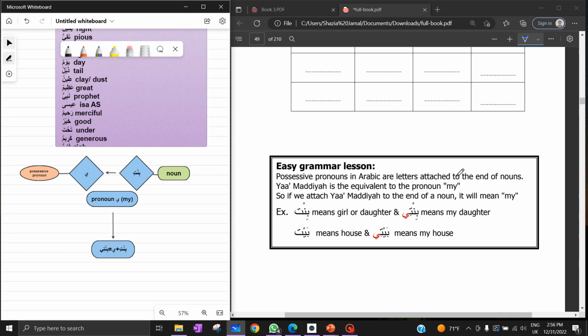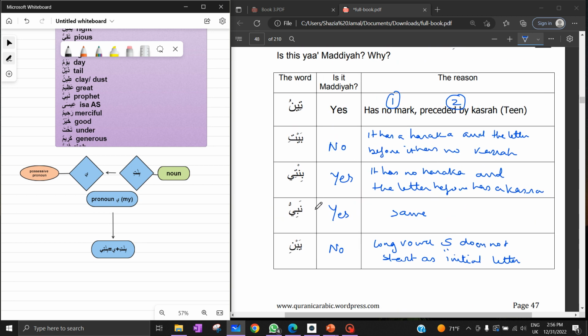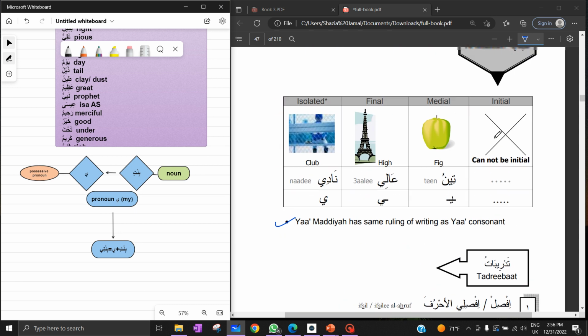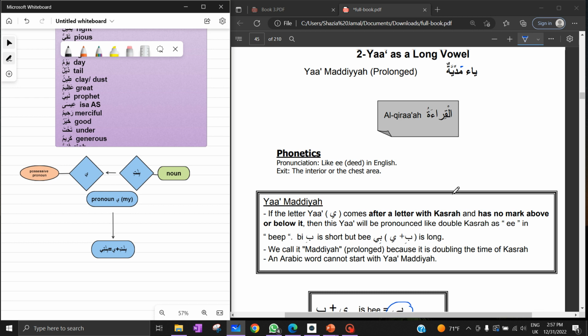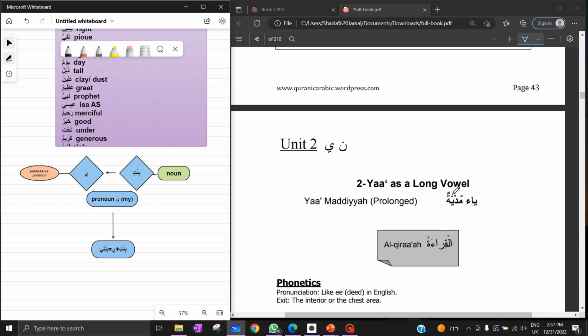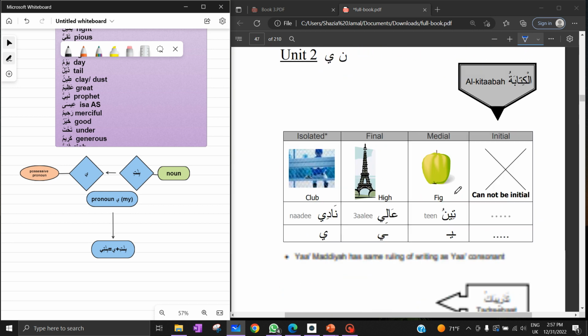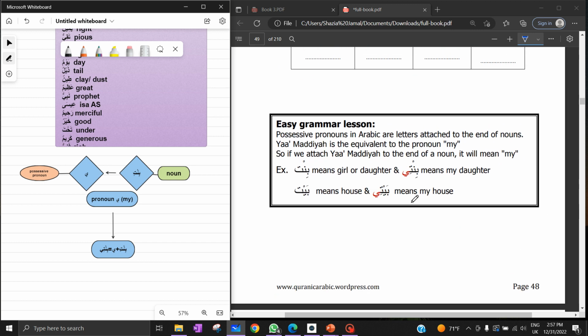What we learned here is baiti, a word like baiti. I will show you where that word is. Let me give you the example.